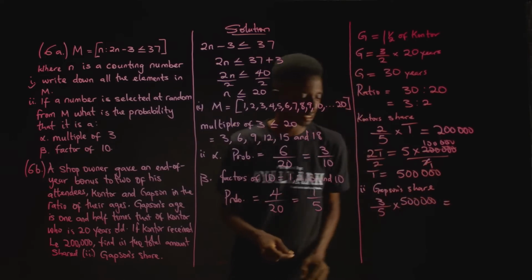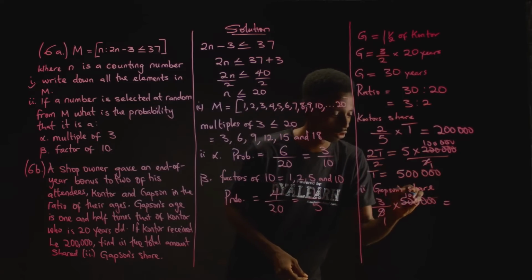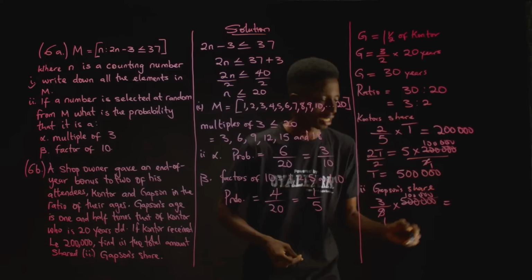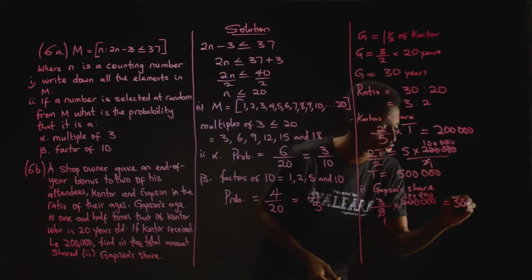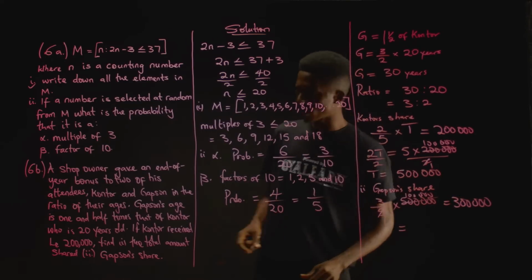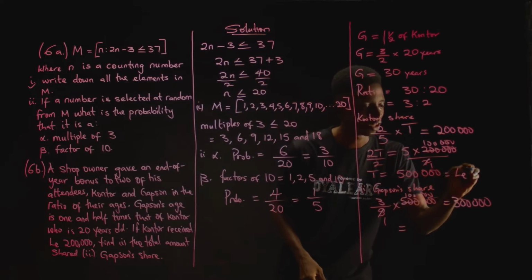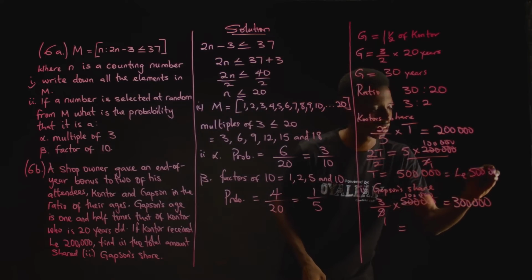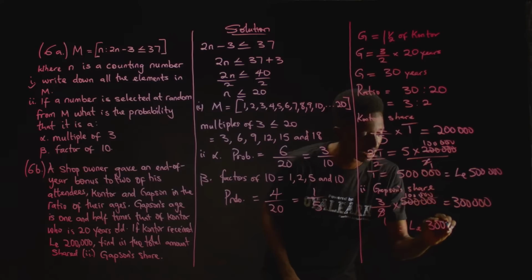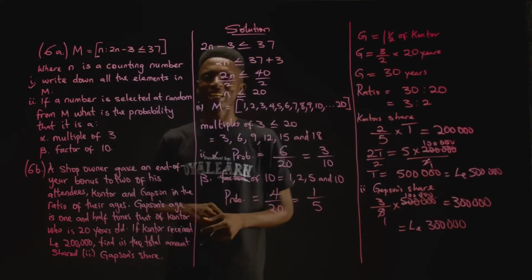And this would give us, now 5 in 500,000 will give us 100,000. And 3 multiplied by 100,000 will give us 300,000. Now when you're writing your answer, always put it in the currency. That is, in this case, this would be LE of 500,000 and this would be LE of 300,000. And that's how we solve question 6A and B.